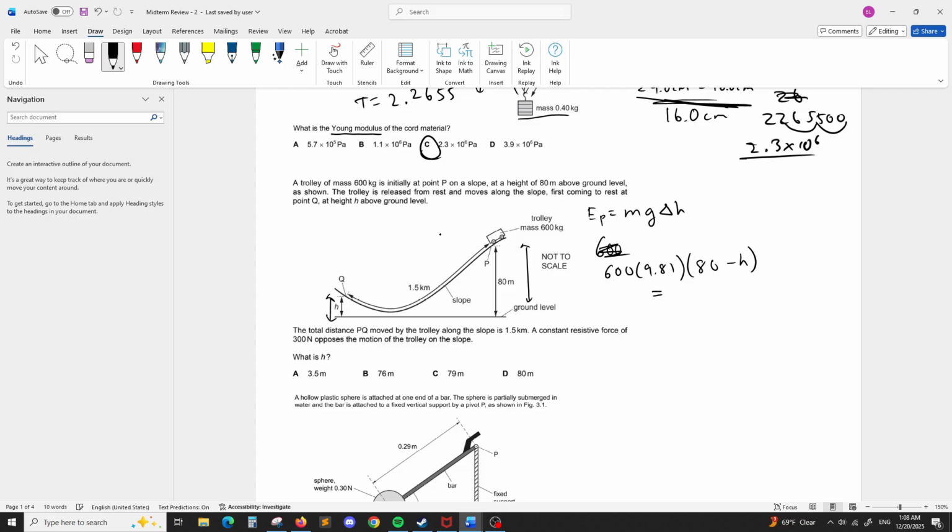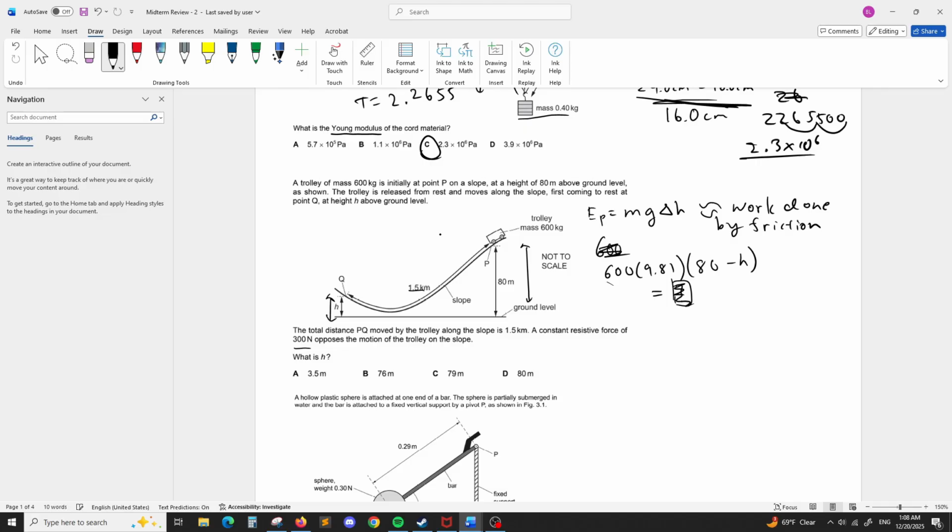It's going to be equal to what? We don't know what this is supposed to be equal to, but if we look at the diagram, they give us this information of 1.5 kilometers and 300 newtons. And you should make the connection that this should be equal to the work done by friction, or the resistive force in this case.